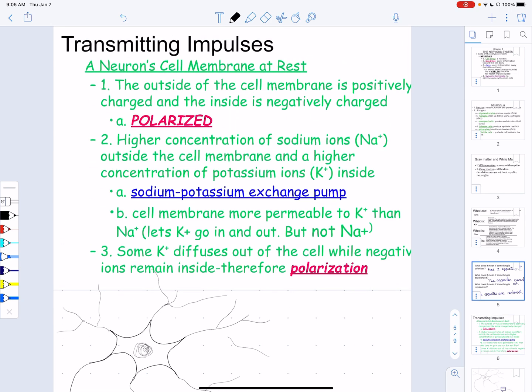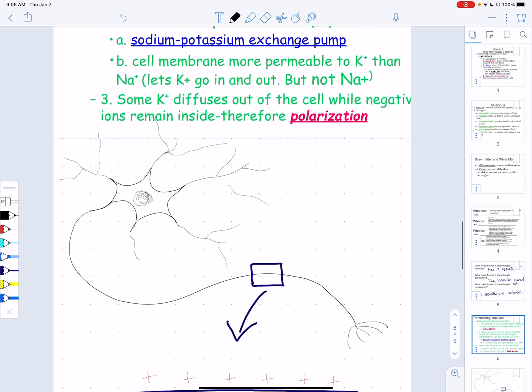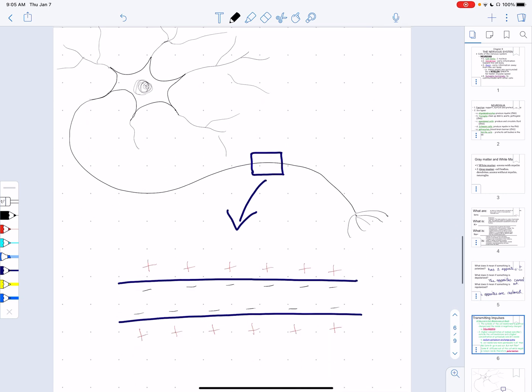There is a higher concentration of sodium ions on the outside of the cell membrane and a higher concentration of potassium inside. So I'm going to go ahead and add sodium. Sodium is on the outside.